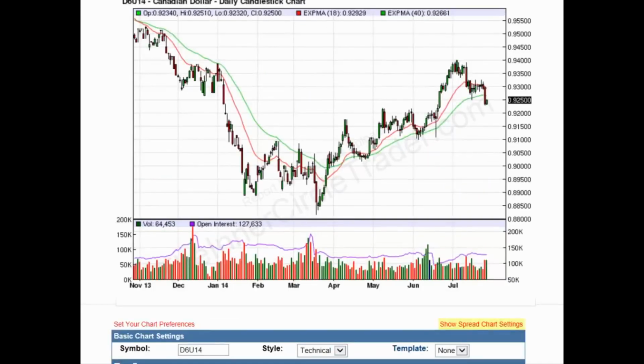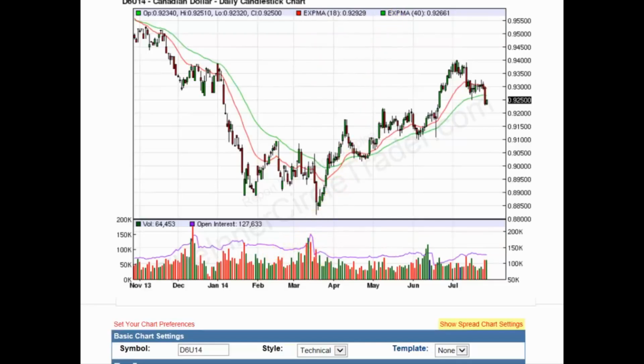Looking at the daily chart, we have our 18 and 40 day EMAs. The green is the 40 and the red is the 18 day exponential moving average, as noted here. And I have the open interest.